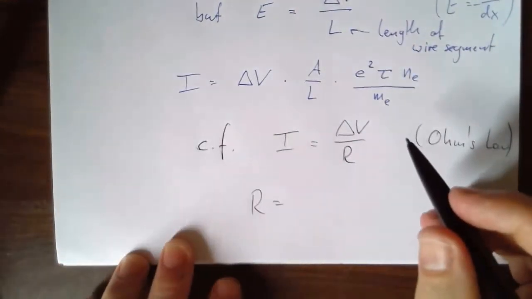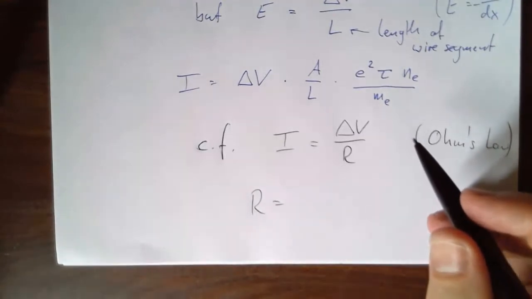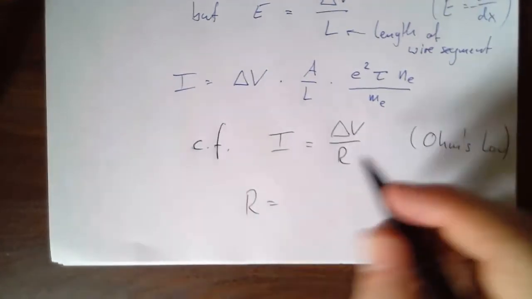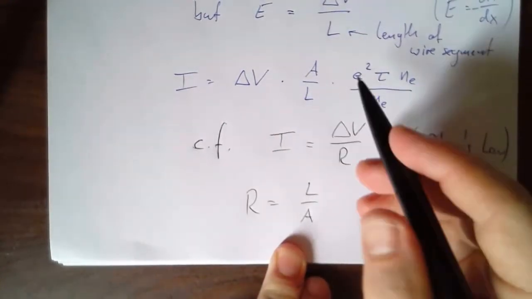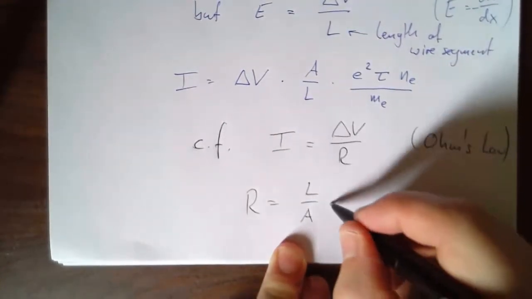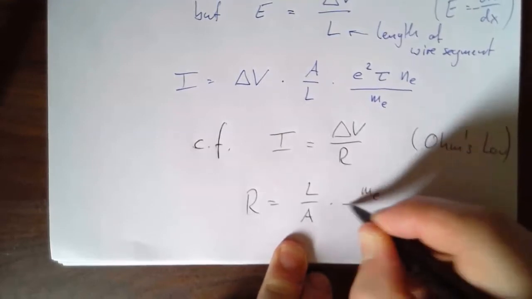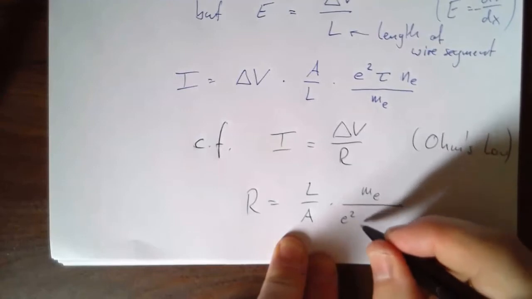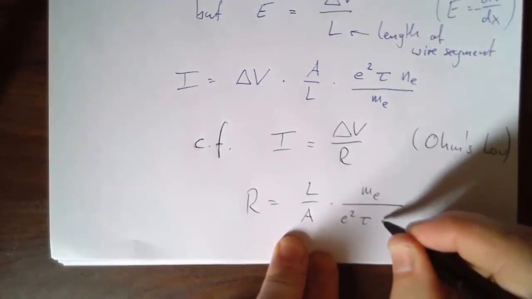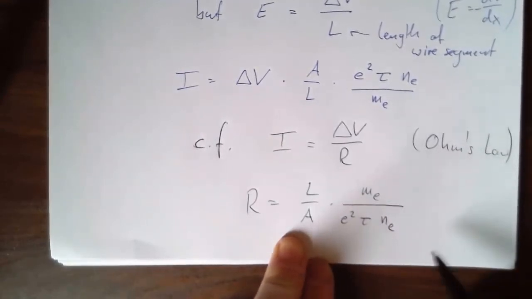So I'm getting that R is going to be equal to L over A, and we're going to keep those out front for a reason I'm going to come to in a second, times m_e, the mass of the electron, divided by the charge squared, times tau, times the electron density.